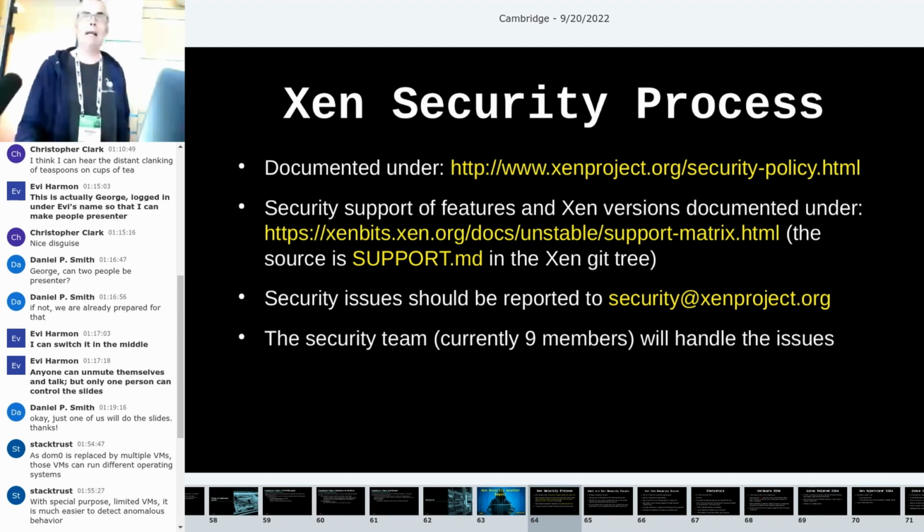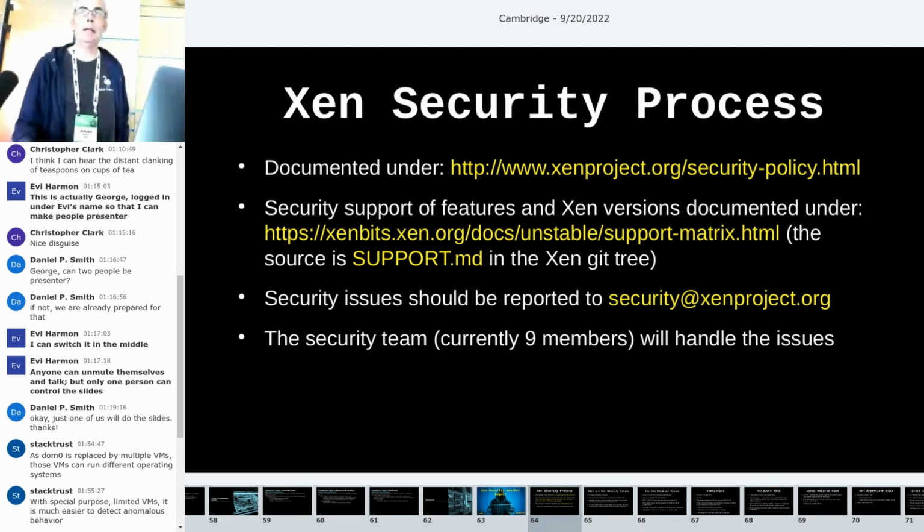It states how the security process works, how security issues are to be reported, who will be notified, who's working on them, and how to negotiate pre-disclosure, if there is any pre-disclosure about any bug or not, and so on. So the discoverer of a security issue will basically control the timeline of the whole process.